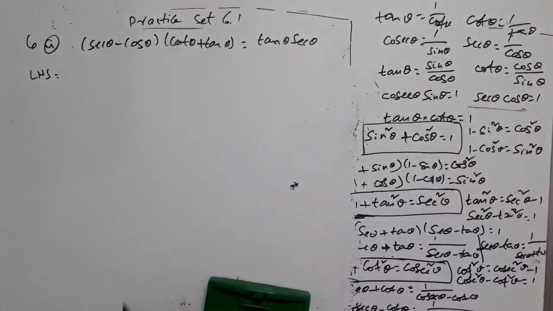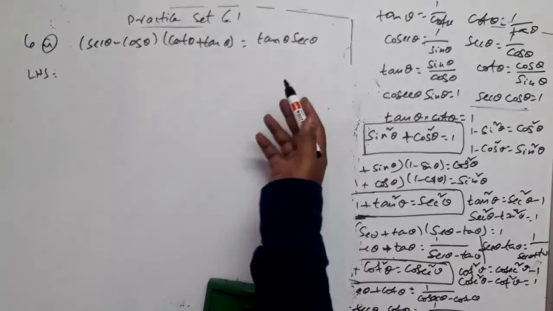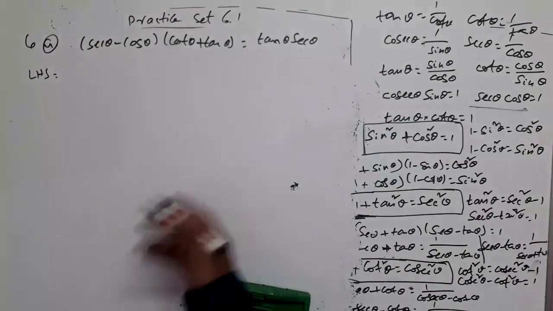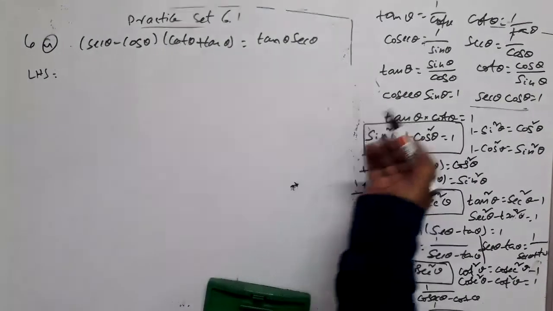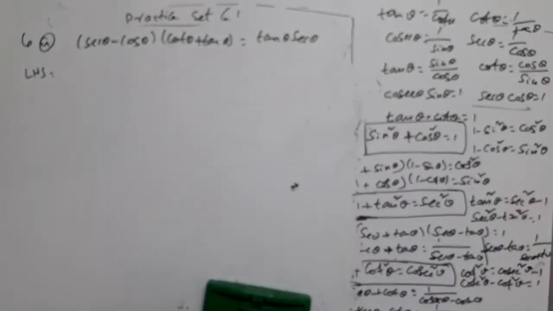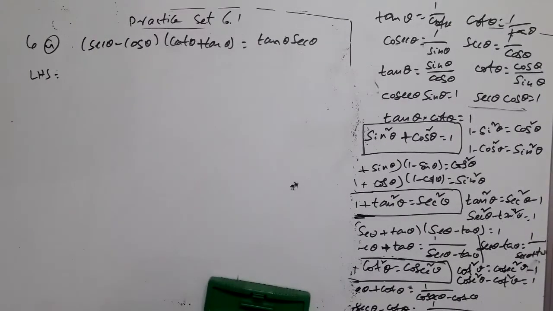LHS is equal to, here cos theta, secant theta, cot theta, tan theta are all involved. So let us write all the terms in terms of simple terms, that is sin theta and cos theta. We know tan theta can be written as sin by cos, cosecant is 1 by sin, cot is cos by sin, secant is 1 by cos, and so on.